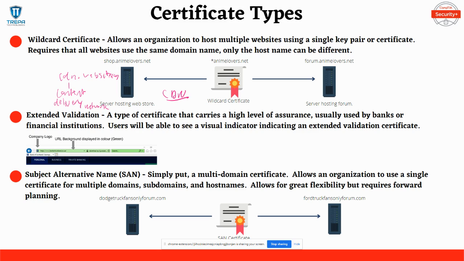A subject alternative name certificate functions similar to a wildcard certificate. Instead of building on an original domain name, though, a subject alternative name will be a multi-domain certificate that can be used for different domains, subdomains, and host names. So you're pretty much using one SAN certificate for different host names that maybe are all under you, right? So this person has a lot of truck forums.